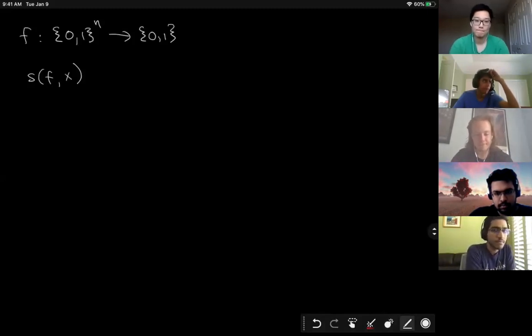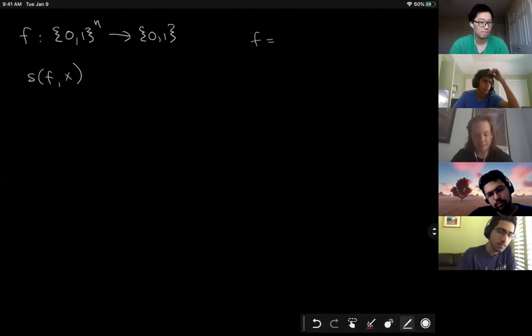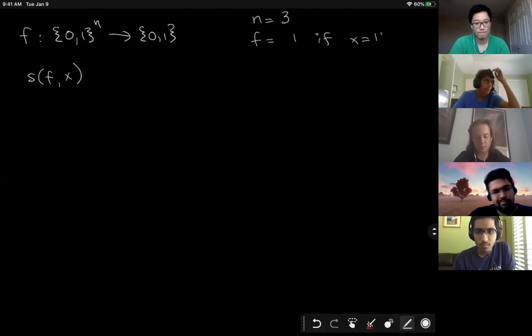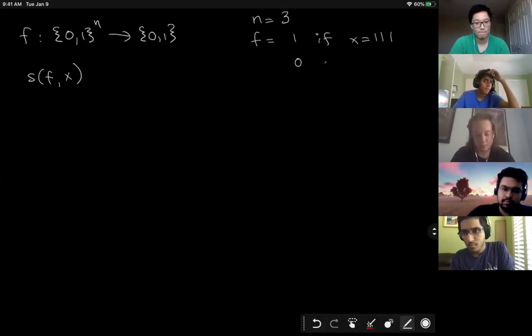For example, suppose f is the AND of everything, with n equals 3. Then f is 1 if x is 1,1,1, and 0 otherwise.